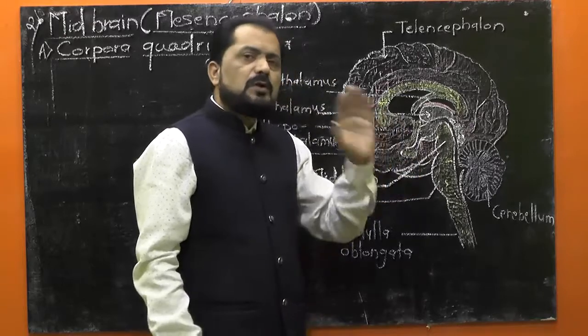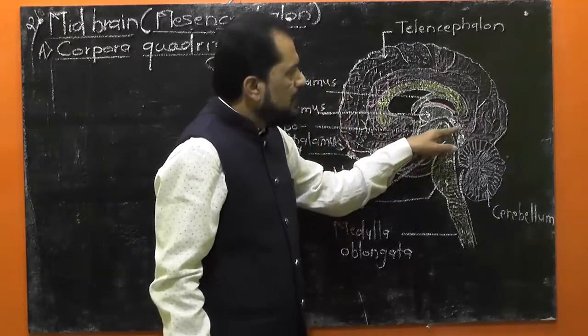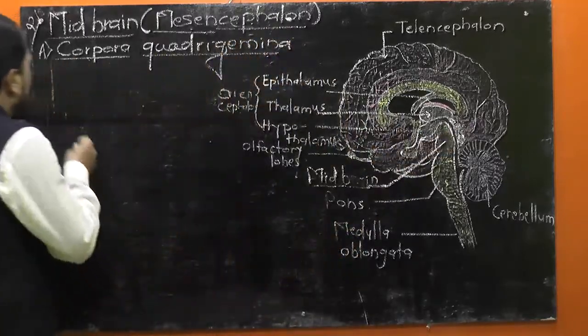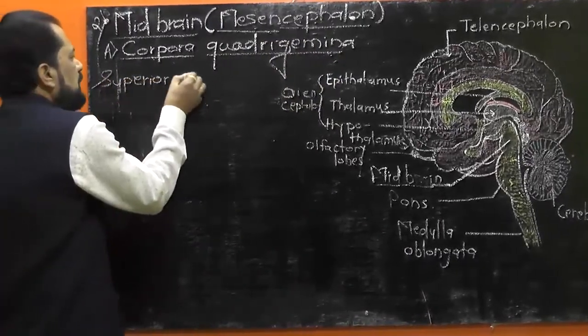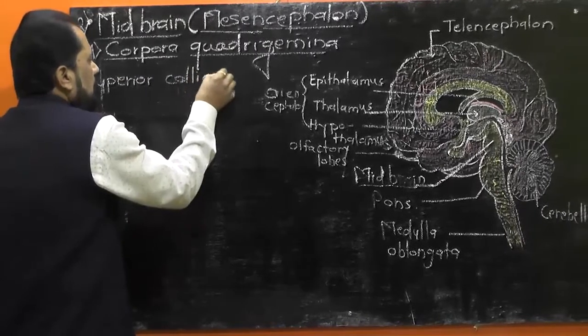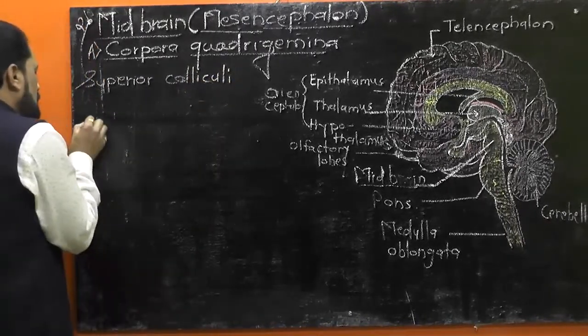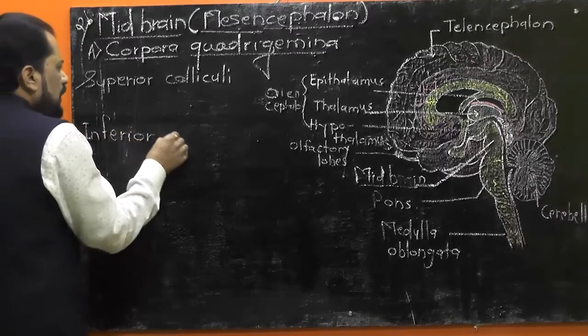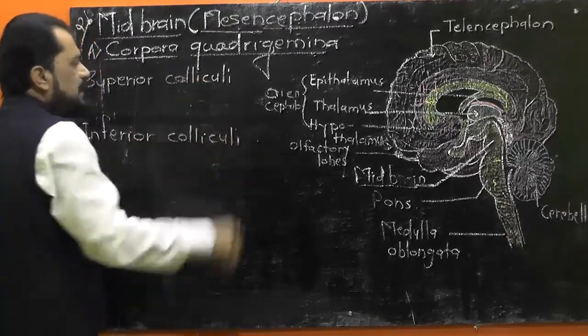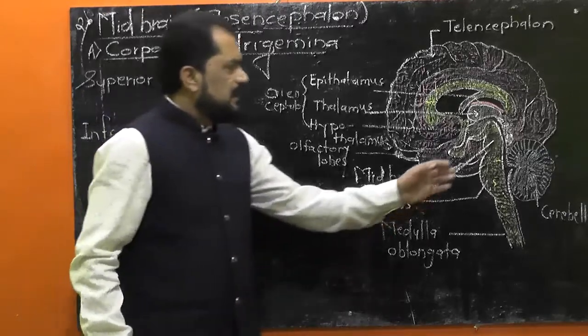Out of these four rounded bodies, the upper two are known as superior colliculi, plural, and the lower two are known as inferior colliculi.